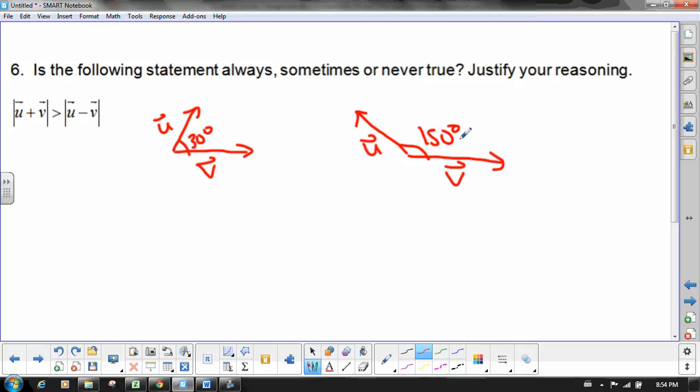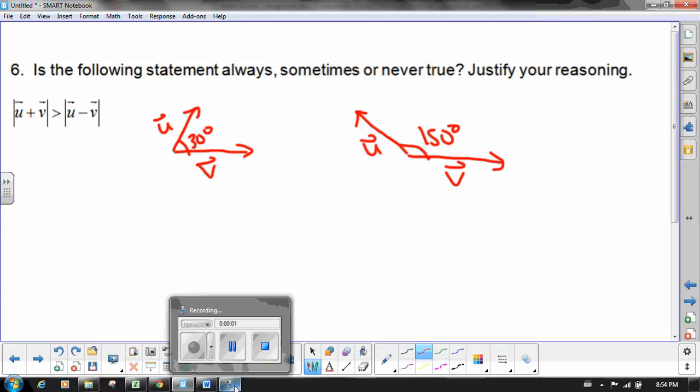See what's different in terms of the magnitude. You can probably tell by looking at it right away, even though my pictures are not to scale, but this question is all about considering the size of the angle. So hopefully this helps. If not, let me know and I can hopefully clarify again.